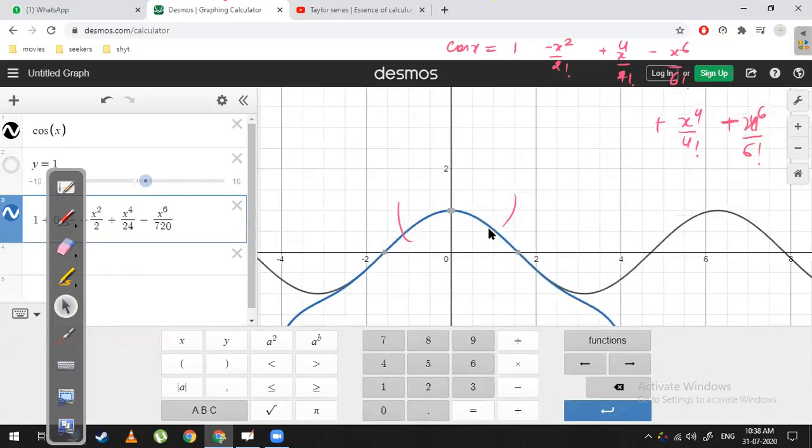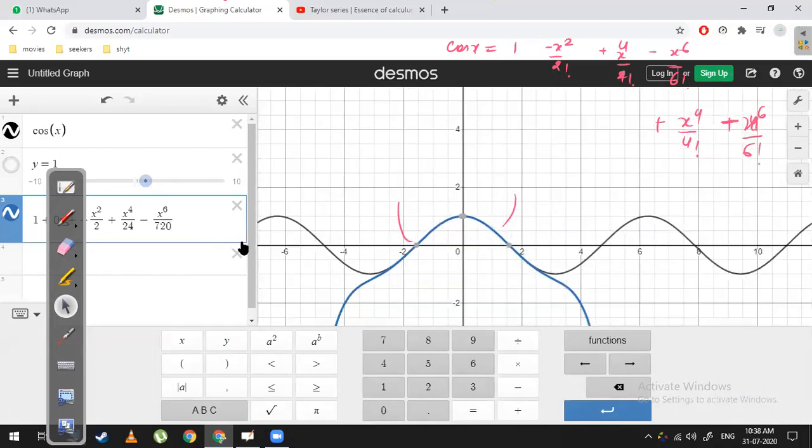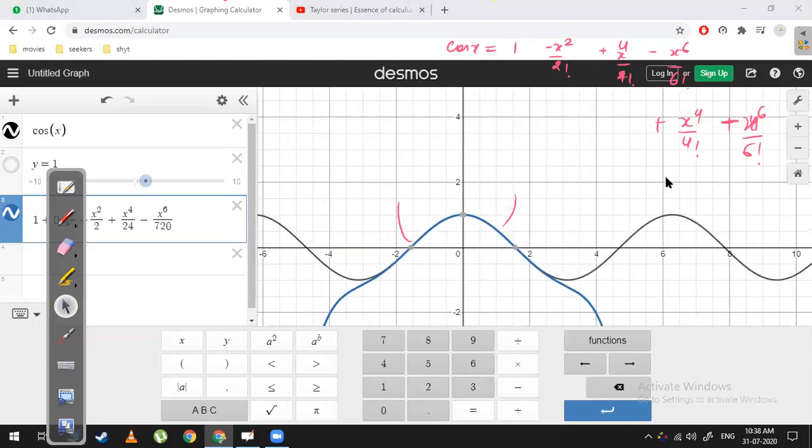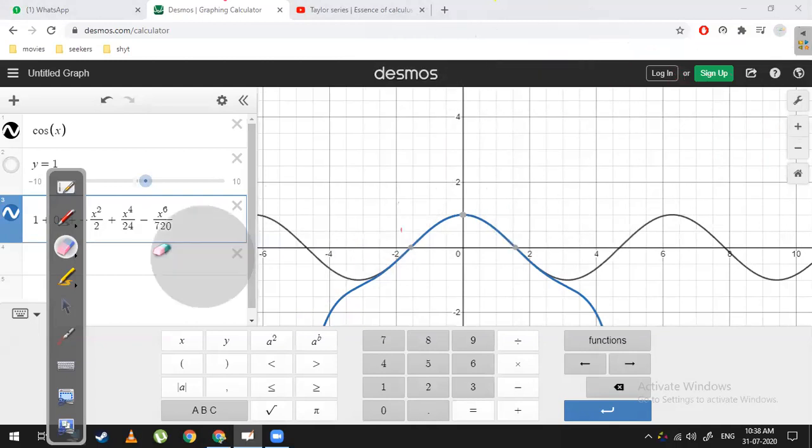So as we keep on adding terms, this approximation will become more and more closer to the curve. Understood? Now remember, even now we are able to approximate only around x equal to 0.